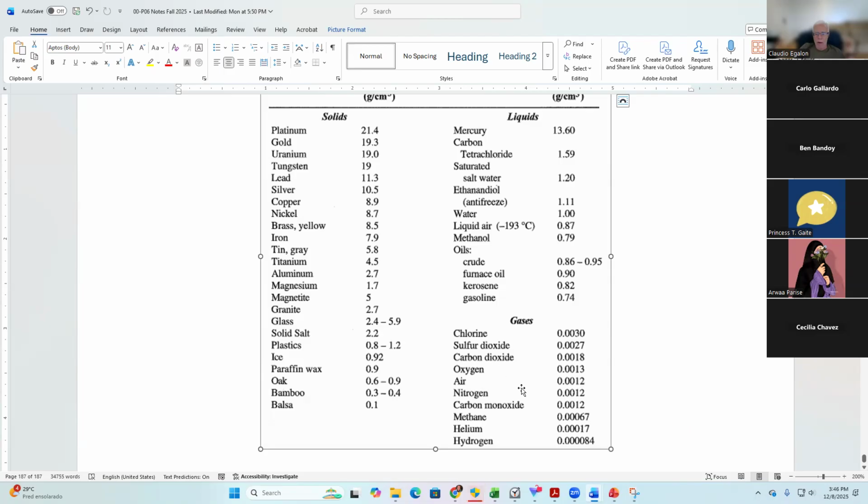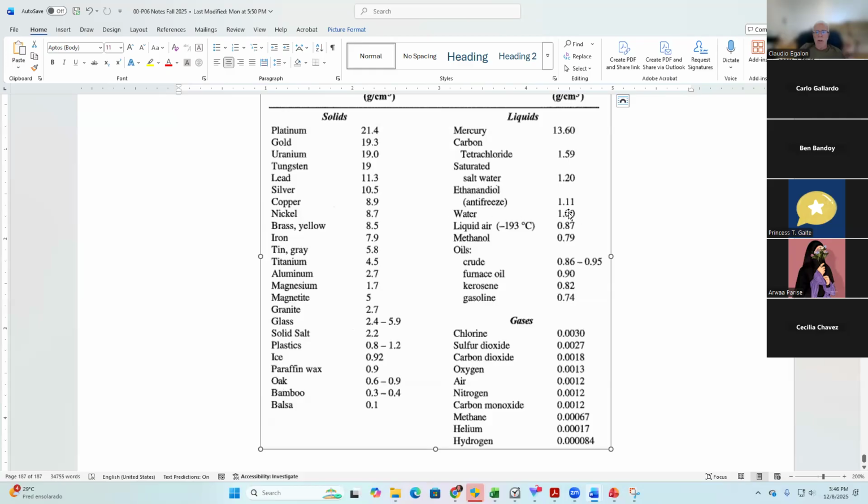Here's the density of air, at atmospheric pressure and ambient temperature. The one that you have to memorize again is this one here. Just one you have to memorize.